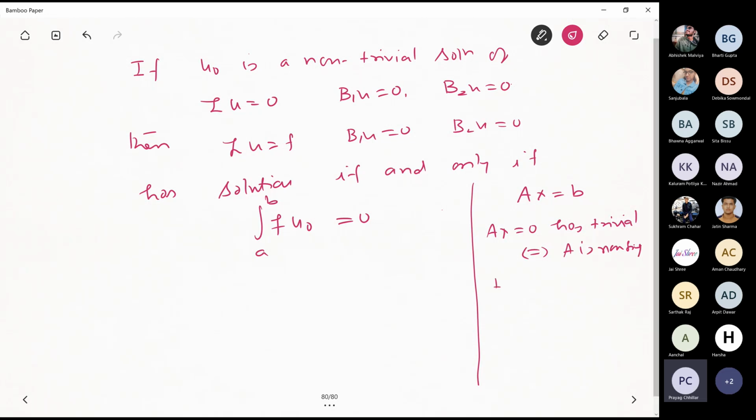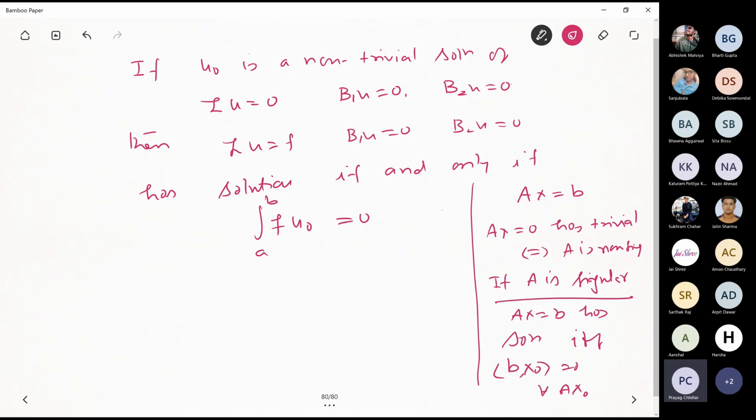Now if A is singular, then Ax equals b has a solution if and only if b transpose x naught is 0 for all solutions x naught of Ax equals 0. This is what happens in the case of matrices.